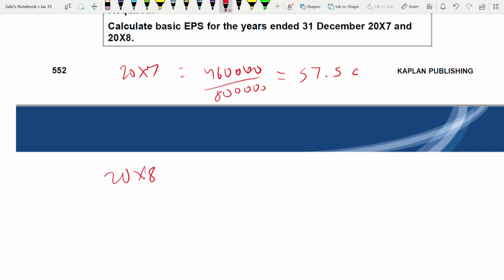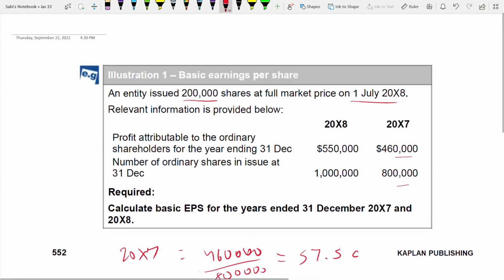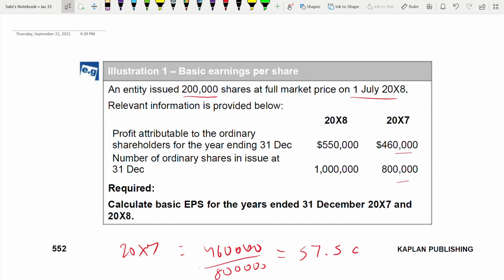Coming to 2008. In 2008 you had an issue of shares, right? How much was it? 200,000. See here, this 1 million is the full amount after the 200,000 shares have been issued. This was issued on 1st of July.